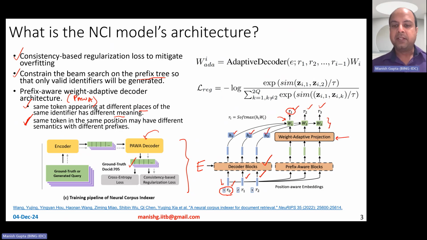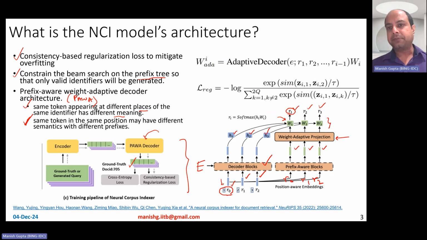So what does this do? It takes the same R0, R1, R2 as input. And these blocks give out some vectors. They are not weight vectors actually; they're more like attention weight vectors.